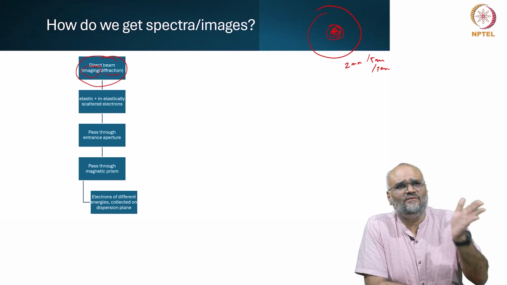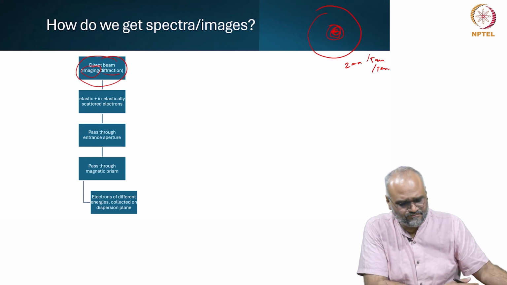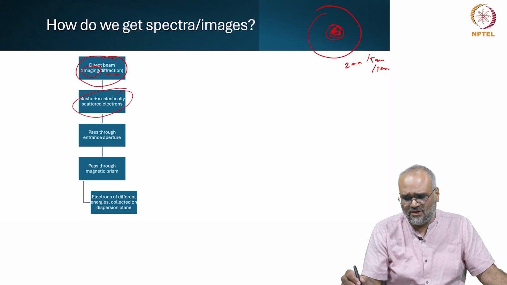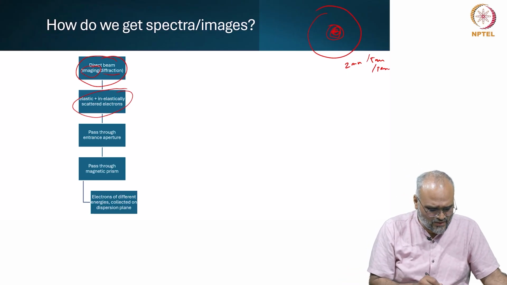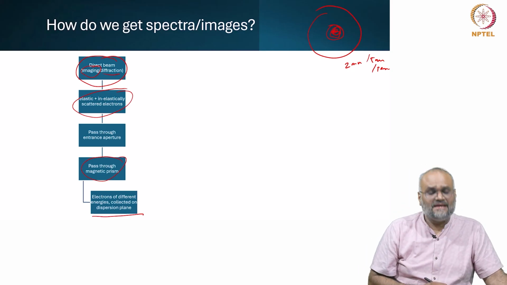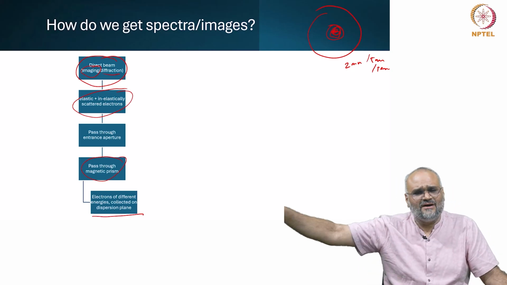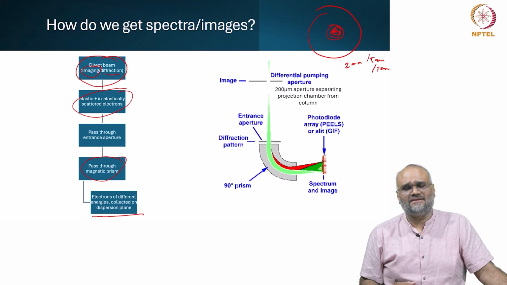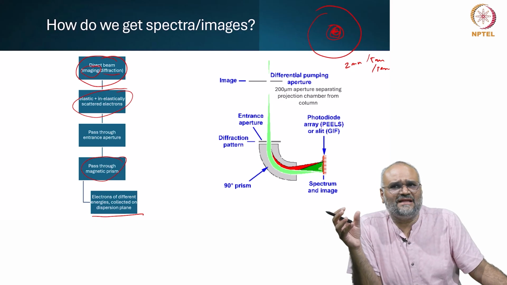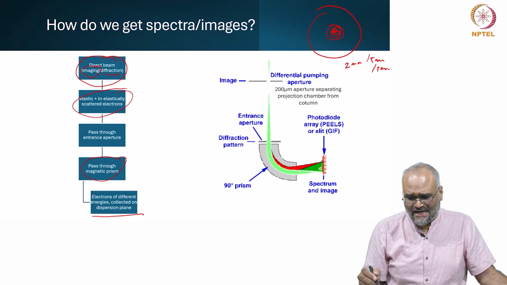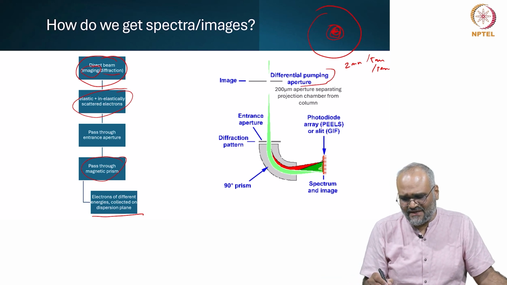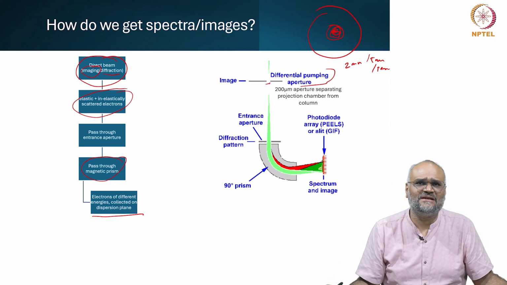Within a very small angle of deviation, both the elastic and inelastically scattered electrons are allowed to go through the entrance aperture, and then this goes through the magnetic prism, and you start dispersing the electrons on a dispersion plane of different energies. To give you an example of how the post-column EELS system or the energy filter looks, you have a sort of differential pumping aperture, and you have an entrance aperture of 2 or 5 millimeter like I was mentioning.